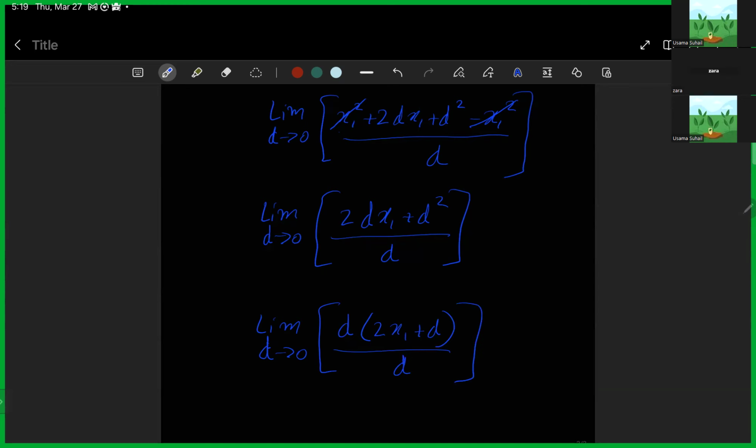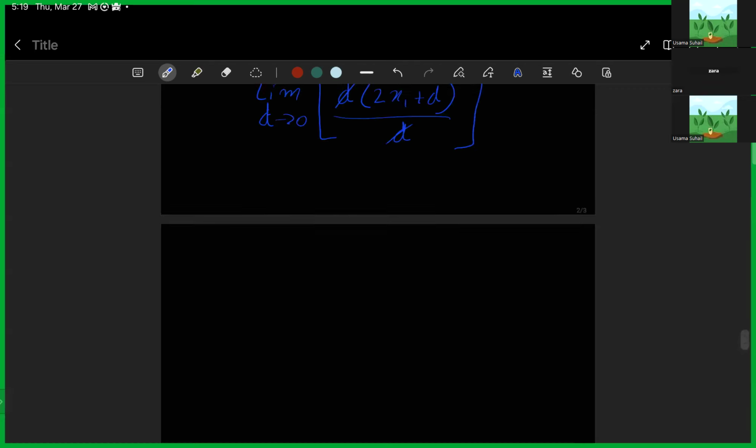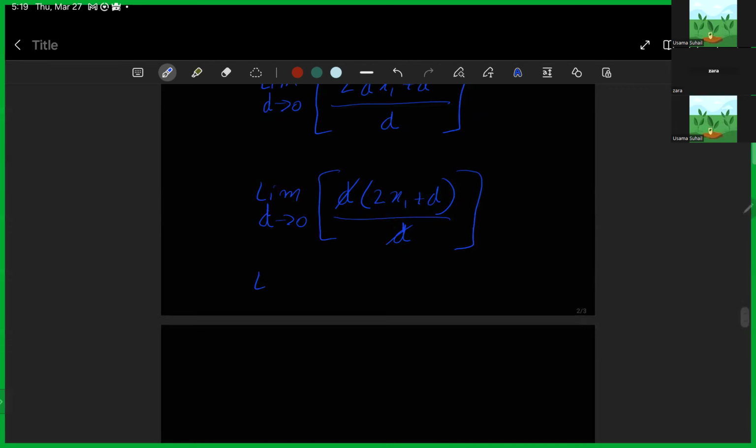This d and this d can cancel out now, right? So now I can write limit d approaches 0 of 2x1 plus d. Once I apply limit d approaches 0, what I would be left with is 2x1, right?